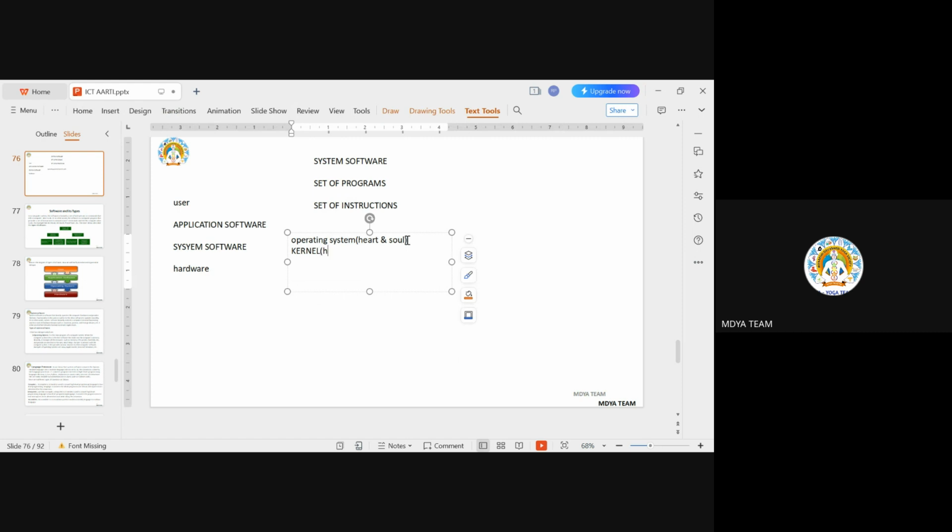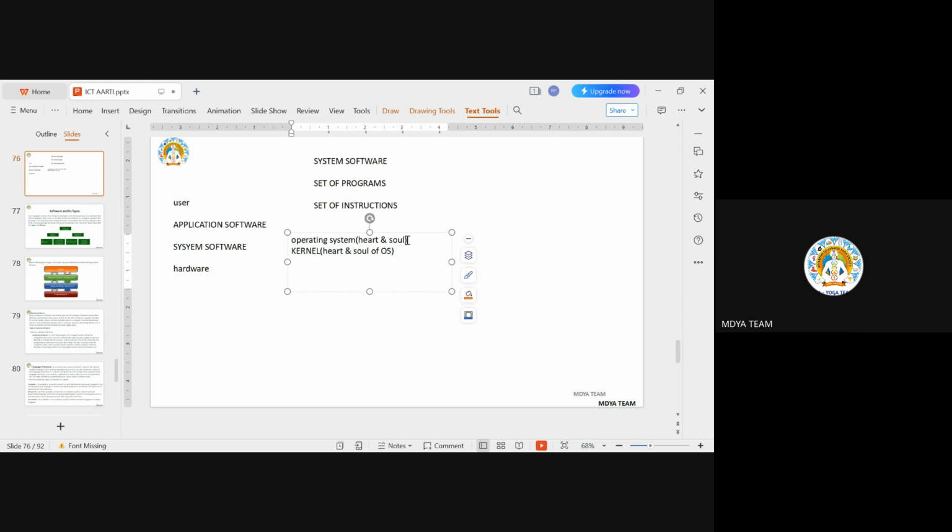The operating system is the heart and soul of the computer system, and the kernel is the heart and soul of the operating system. It provides all functions, it interacts with the user and the hardware, and gives instructions to the hardware to do that work. The operating system gives a command to the kernel.